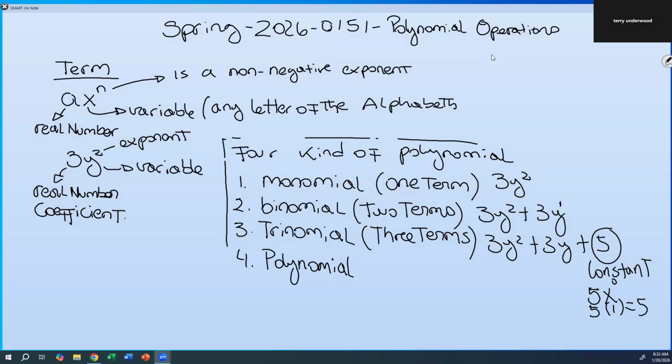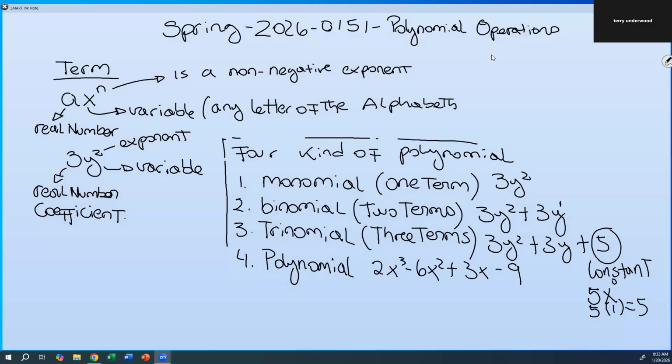I will give you an example. Anything that has more than 3 terms, we call a polynomial. For example, 2x to the third power minus 6x squared plus 3x minus 9. You can see there are 4 different terms. And you can have 6 terms, you can have 8 terms.